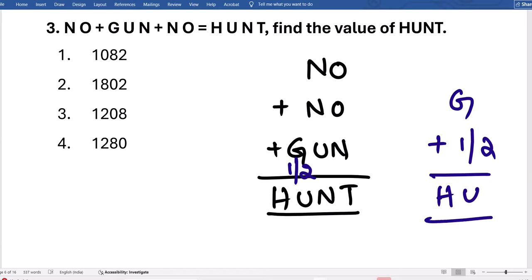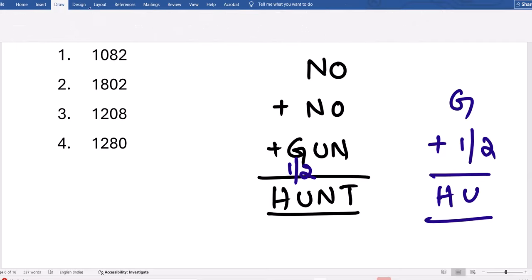H must be 1. If G is 9, U can be 0 or 1. So it should be 10 or 11. H is already 1, so U cannot be 1. See the logic. So U must be 0. So G value 9 and carry must be 1 only.